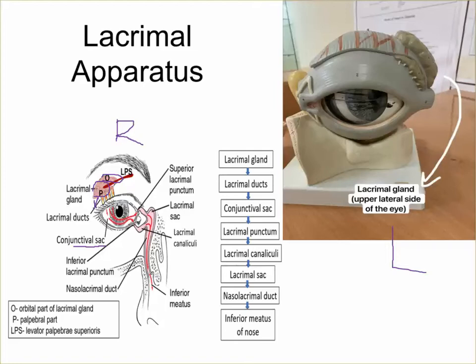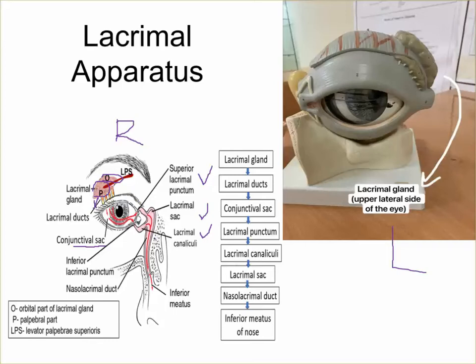Then they go across the anterior surface of the cornea to the medial aspect, where there are two puncta, the superior lacrimal punctum and the inferior lacrimal punctum, and through these they enter the lacrimal canaliculi, and finally the lacrimal sac, which is present medially.